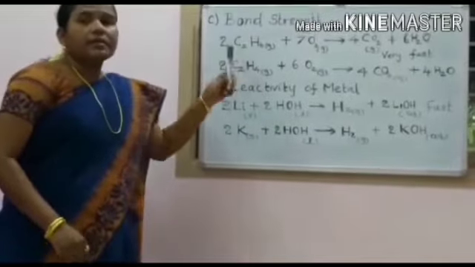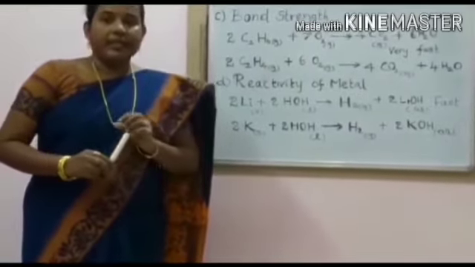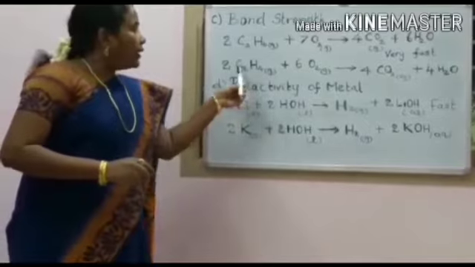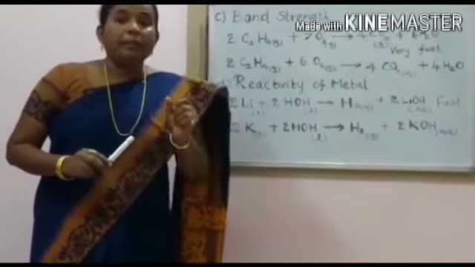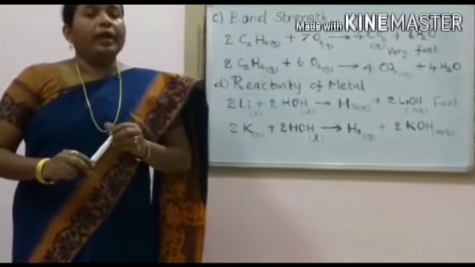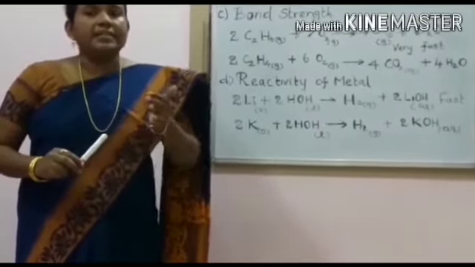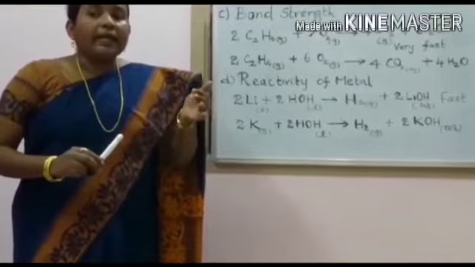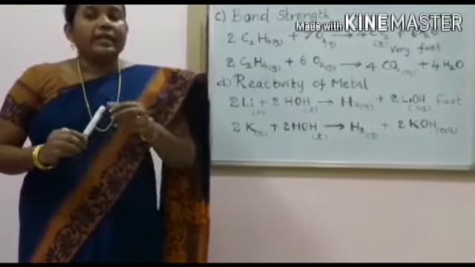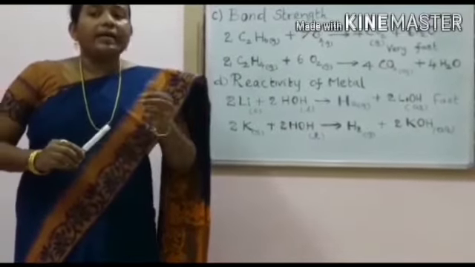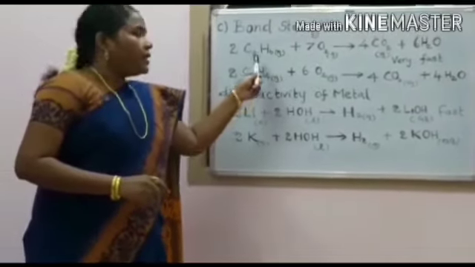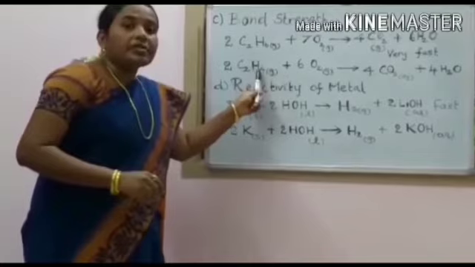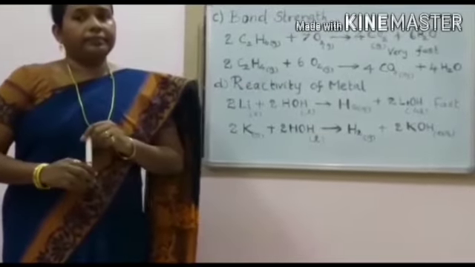Ethane contains a carbon-carbon single bond. Ethylene contains two carbon atoms that are doubly bonded to each other. A double bond is stronger than a single bond. So, breaking the weaker bond is easier than breaking the stronger bond. So, combustion of ethane is faster than the combustion of ethylene.